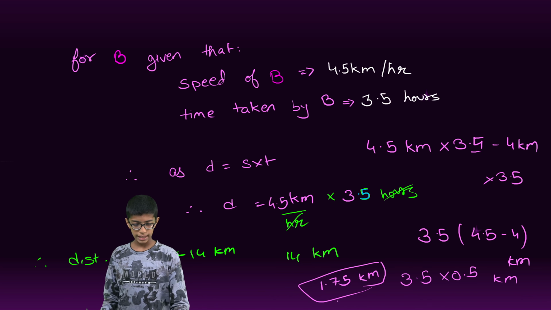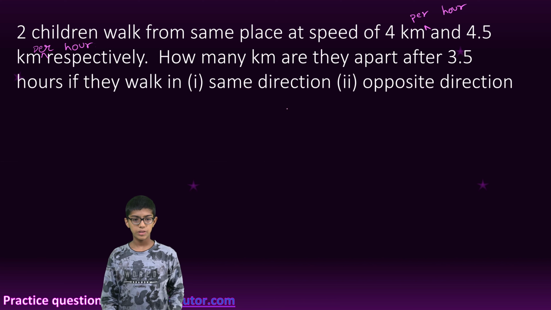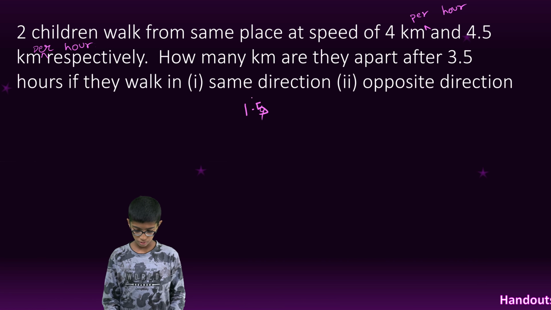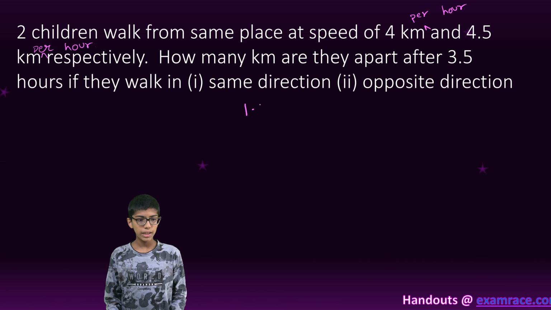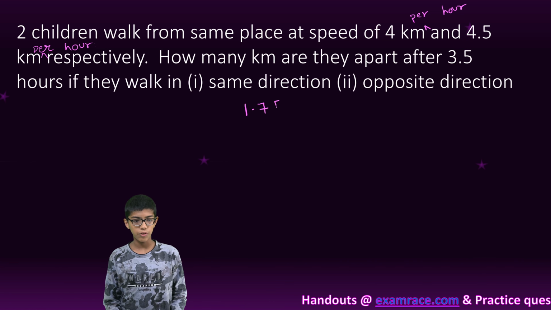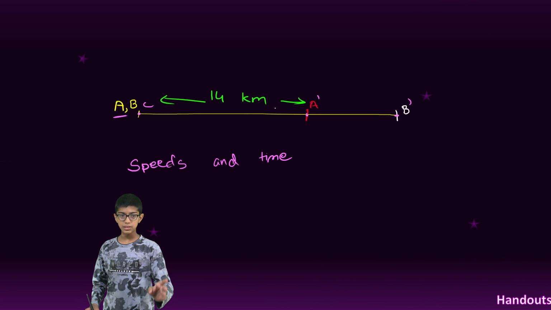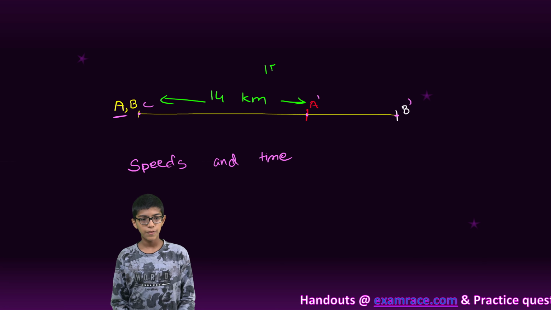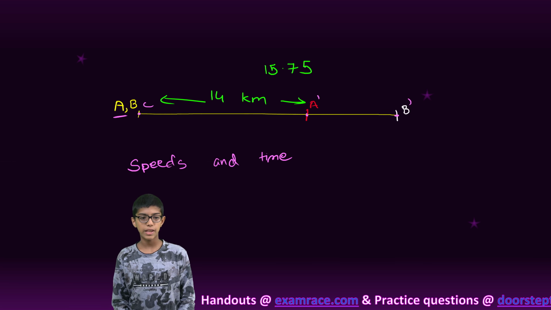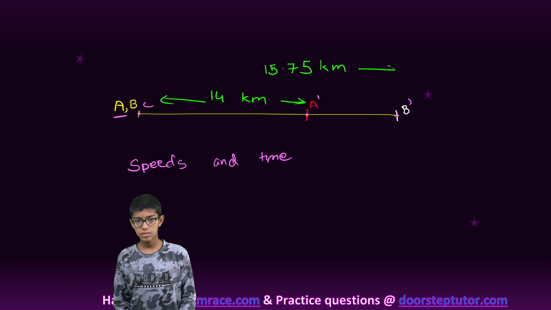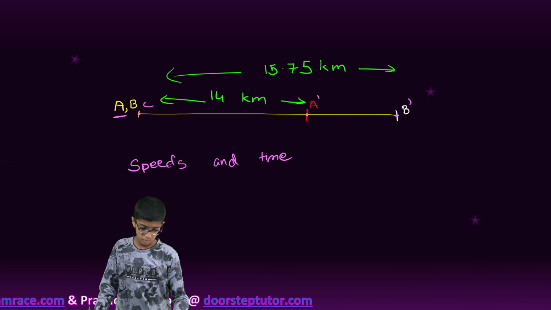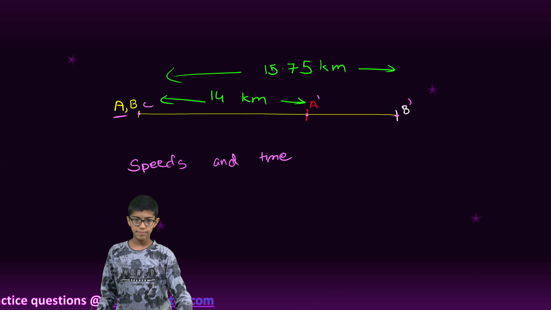Therefore, as the difference is only asked, we can write 1.75 kilometers. But now, if you also have to find how much distance B travels, then it is 15.75 kilometers. Why? Because we add 1.75 to 14 kilometers.